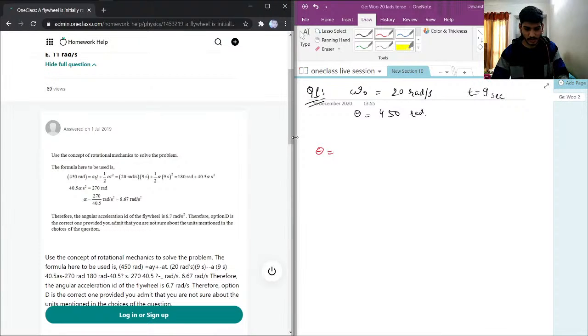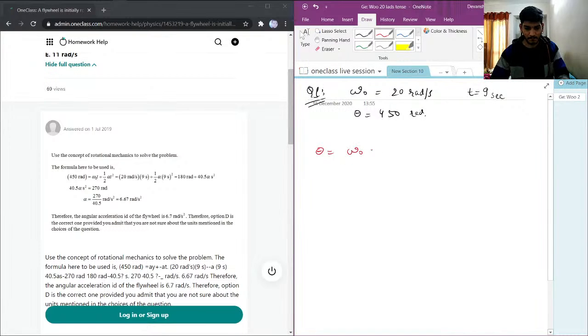We are going to use the concept of rotational mechanics, which is similar to linear translational mechanics: we have s equal to ut plus half at squared, so theta equals omega naught t plus half alpha t squared, where omega naught is known, t is known, alpha we are going to calculate because it is the angular acceleration, and theta also we know.